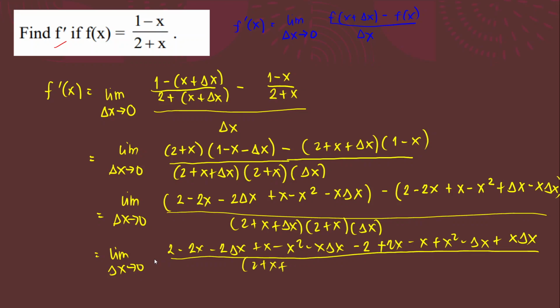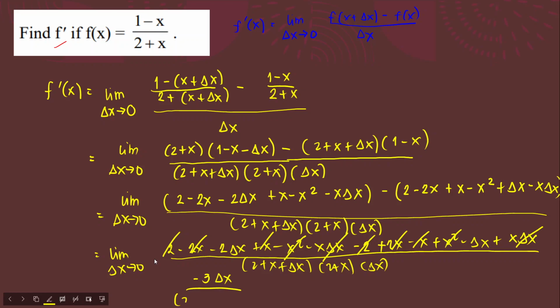Ngayon, magka-cancel out si 2, si 2x, si x. Negative x squared, positive x squared. Si negative x delta x magka-cancel saka si x delta x. Ang matitira is negative 2 delta x, negative delta x, which is equivalent to negative 3 delta x.